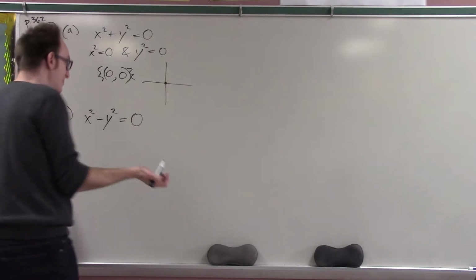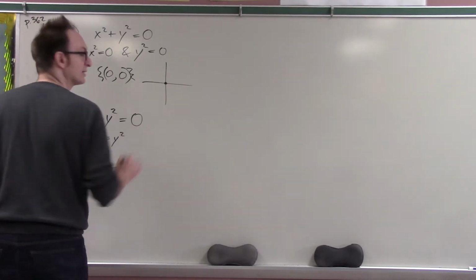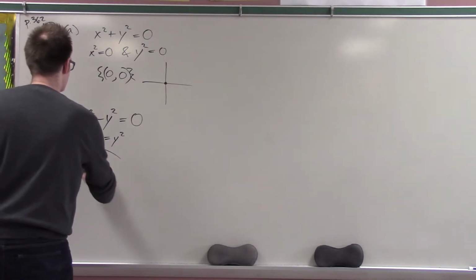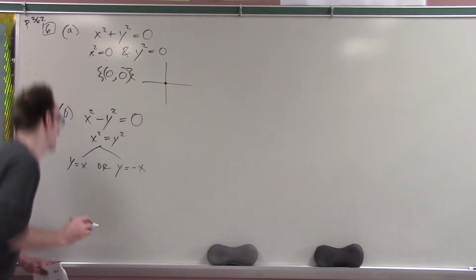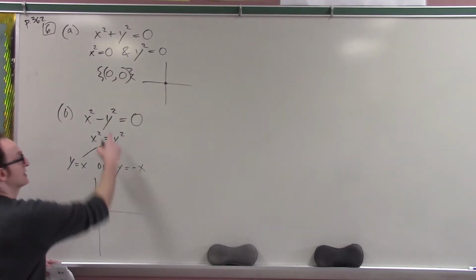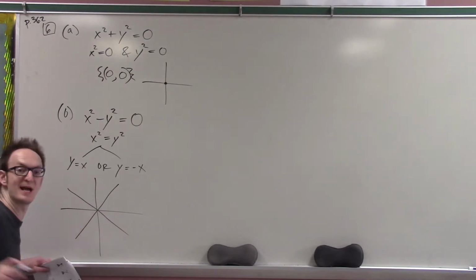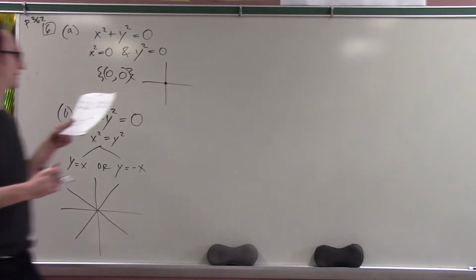And in fact, it's a degenerate hyperbola, because the only way for this to have solutions is if x squared equals y squared. The only way for that to happen is if y equals x or y equals negative x. So the solution to this equation is the line y equals x and the line y equals negative x. That is the solution set. Cool? Degenerate hyperbola. Good.